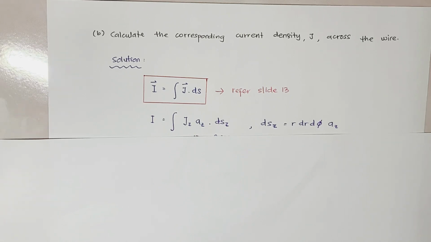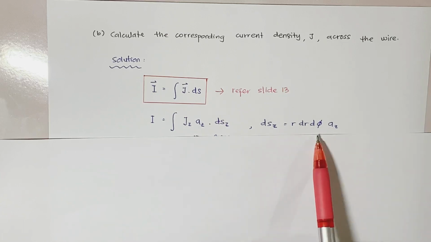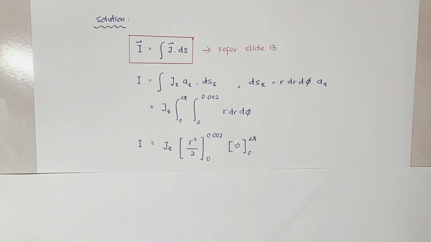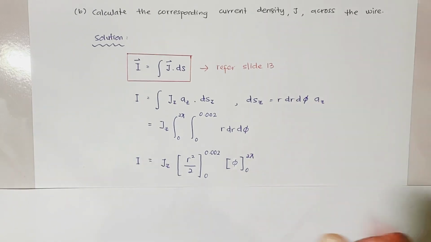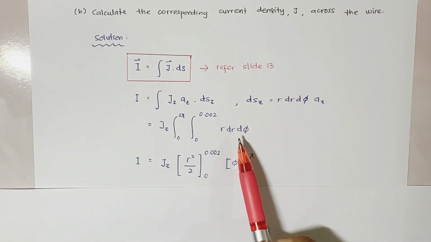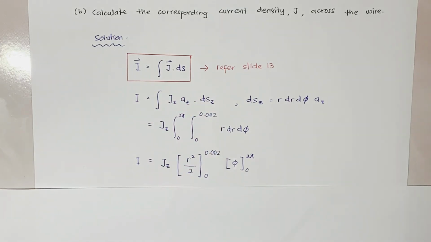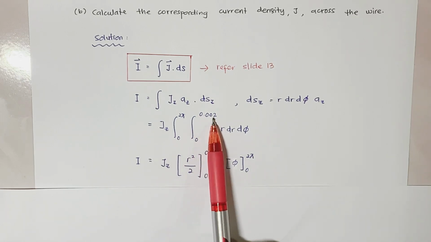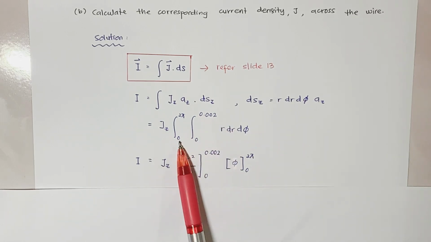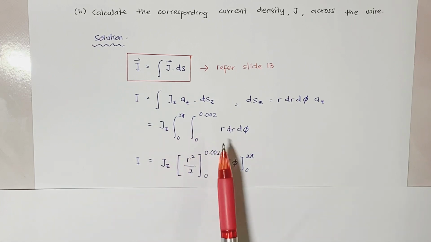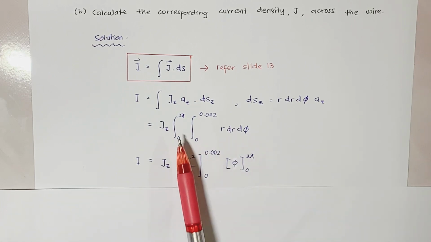So dSz is equal to r dr dphi az. Substitute the equation of dSz into the general equation, and then substitute the value of r from 0 to 0.002, and phi from 0 to 2 pi.